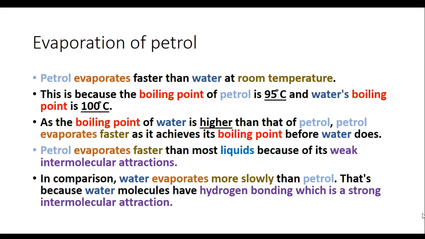In comparison then, water evaporates more slowly than petrol because water molecules have what we call hydrogen bonding. This is a strong intermolecular attraction. Those forces of attraction between the particles, the molecules, are much stronger in water than they are in petrol.